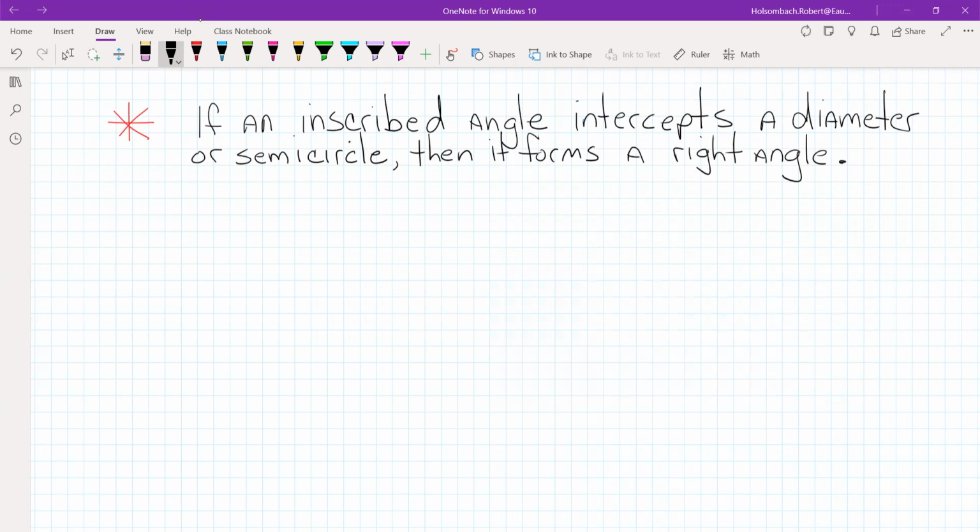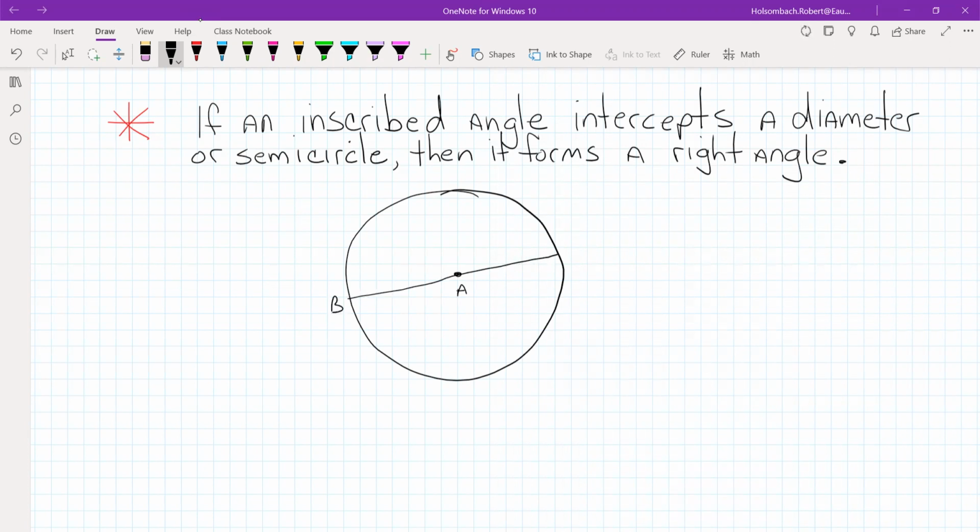Here we go. So here's what the picture looks like. If we put point A right here, it's the center of circle A, and then we put a diameter through it, call it BC.